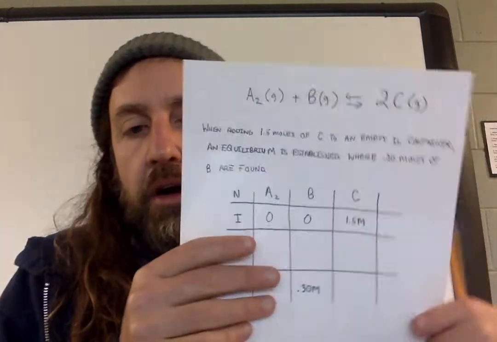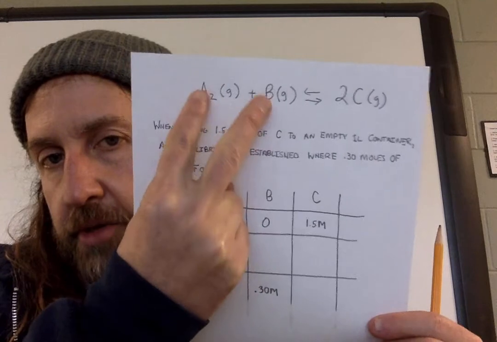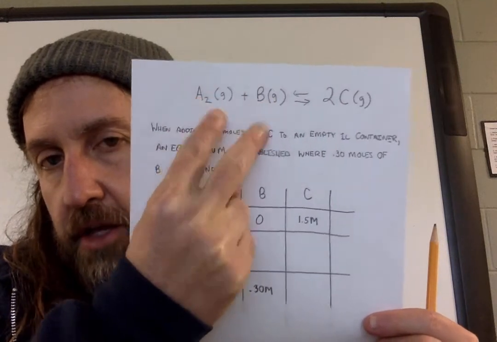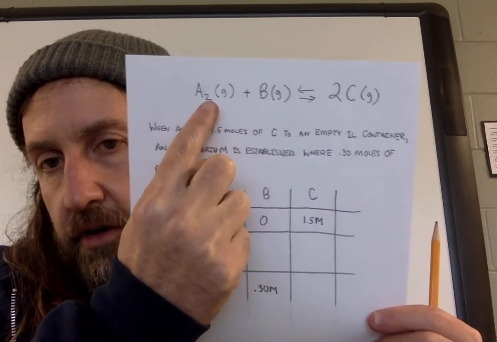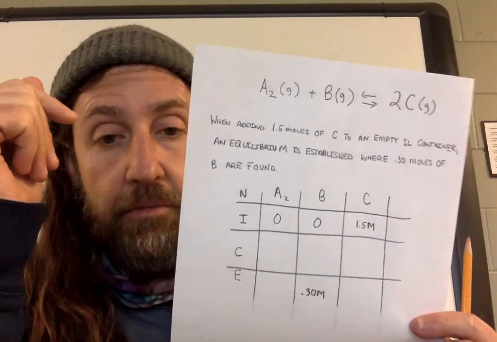And so, looking at that, I can clean up my chart a little bit here. I can figure out a lot of things, okay? First of all, I know that A and B are going to be equal because they have the same coefficient. Don't get confused that A is diatomic. That doesn't pay the bills.